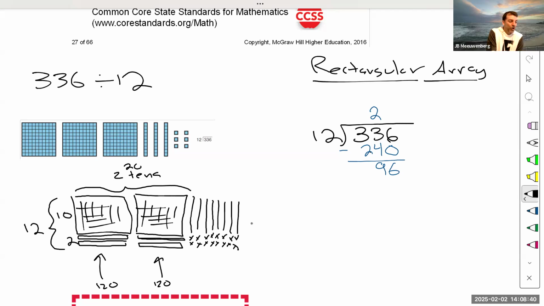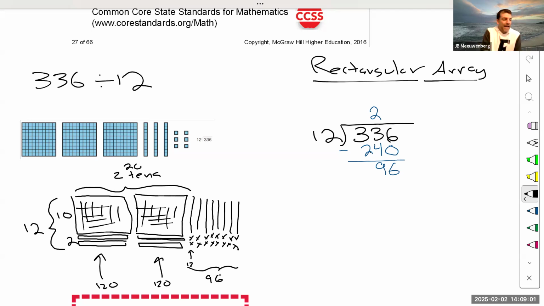We have 8 longs and 16 units. This whole grouping here is 96, but each one of them has 12. There's 12, 10 plus 2, another 12, another 12, another 12. So again, the whole thing is 96.